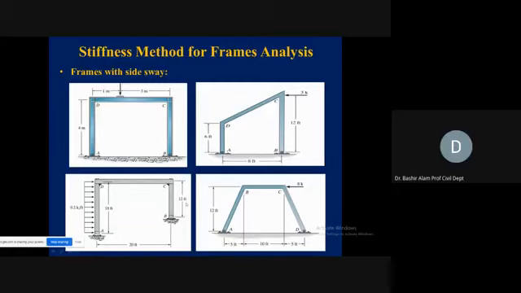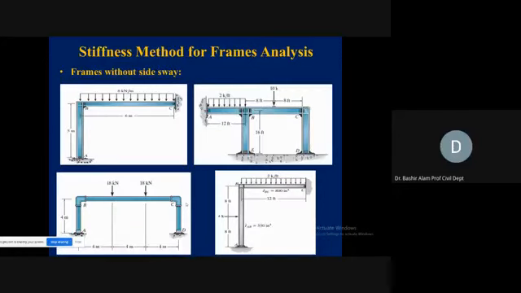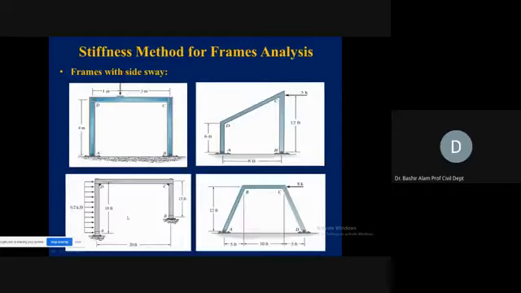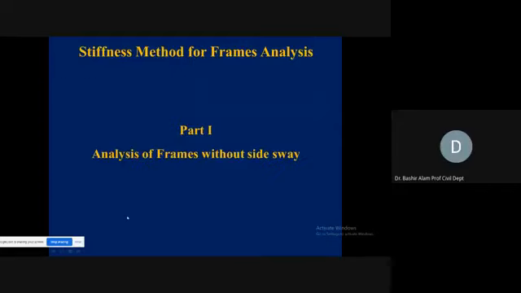So in today's lecture, we will be discussing the analysis of frames without side sway, or non-sway frames. Part one, which will be the discussion today, is analysis of frames without side sway. And remember, it is the simple case. The next one is going to be a little bit complicated.